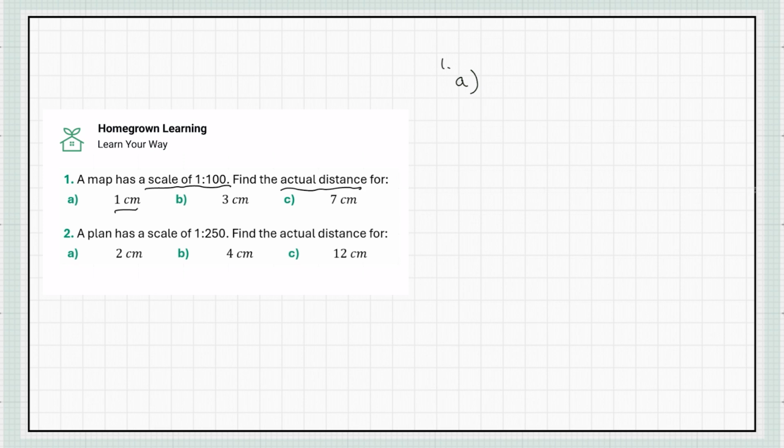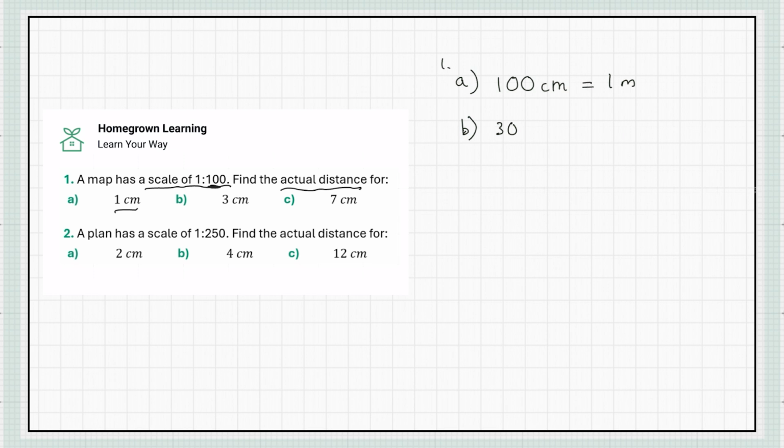So if we look at our first one, 1A, we've got 1 centimeter in our scaled drawing or our scaled map. And that's actually going to be equal to 100 times as much, or 100 centimeters, or 1 meter. If we look at B, we have 3 centimeters, which is scaled, which is actually going to be times our scale factor.